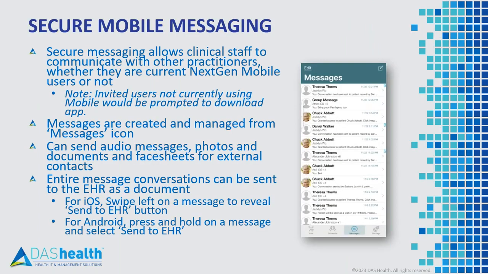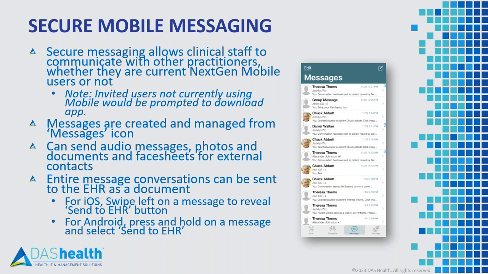With secure messaging, your clinical staff can not only communicate with other mobile users within the organization, they can also send secure invites to a conversation to users that don't have the mobile app. For example, if they are working with a provider on a referral and want to communicate about the patient, they can do that by sending an invitation from the mobile app.